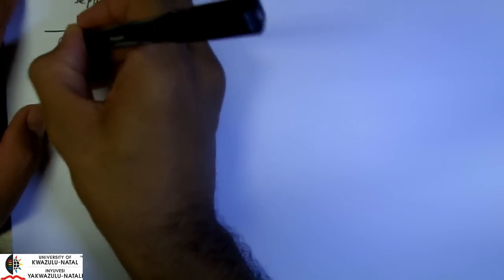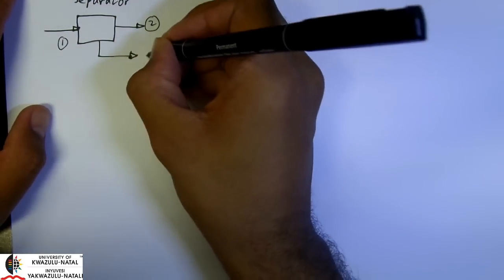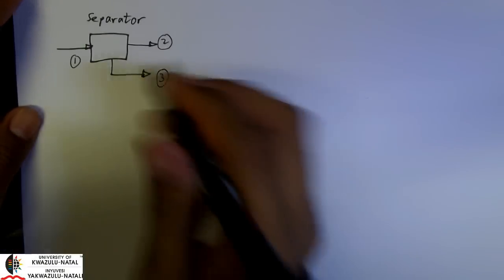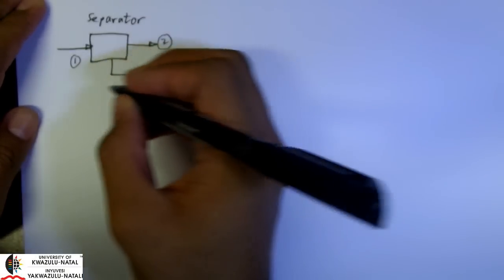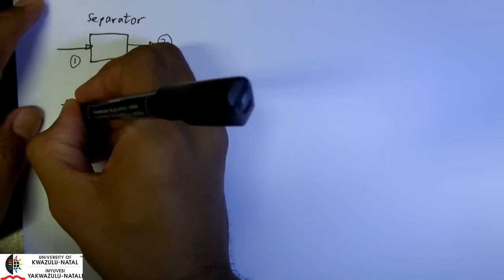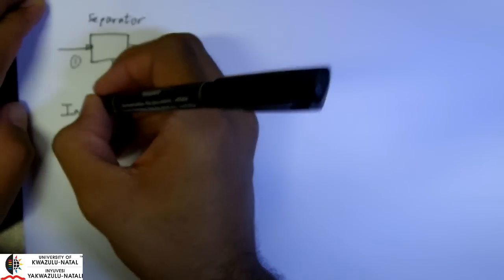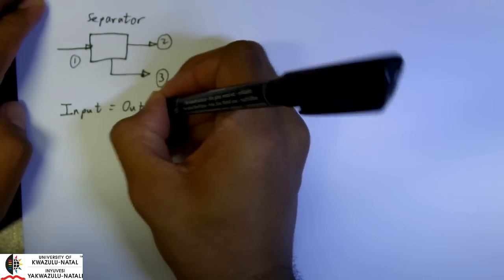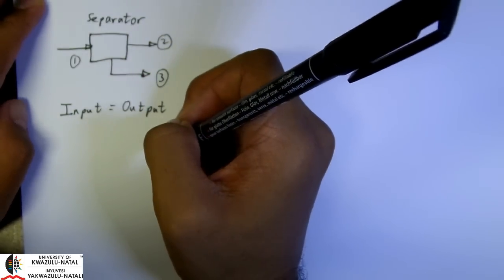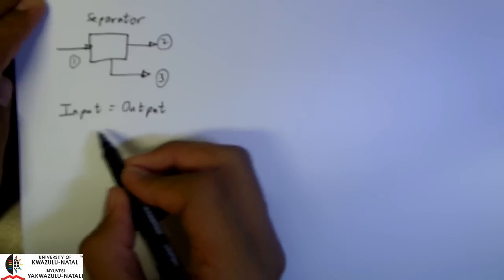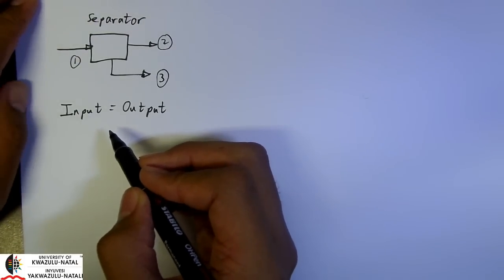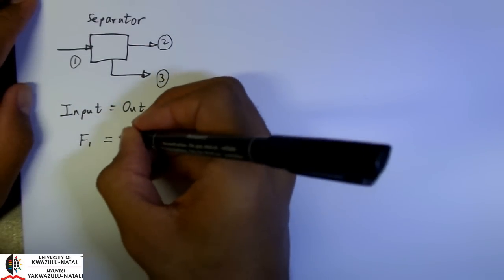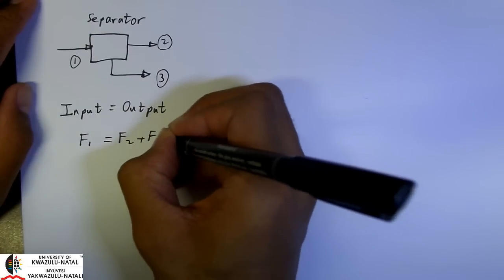Okay, and I can number these streams, stream 1, 2 and 3, and as you will know by now, in the case of a separation unit or any non-reacting system, input is equal to output. Okay, and this is true whether we are talking in molar terms or in mass terms. Okay, so we can write a total balance of F1 is equal to F2 plus F3.